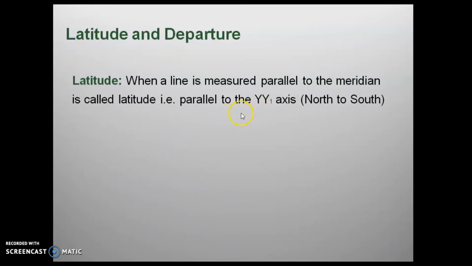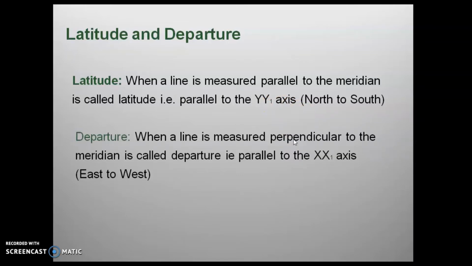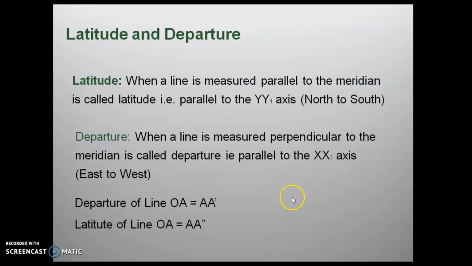Parallel to the meridian means what? As I showed you in the previous slide, that is the YY1 axis, north to south. Next, departure. When the line is measured perpendicular to the meridian it is called departure, that is parallel to the XX1 axis, east to west.